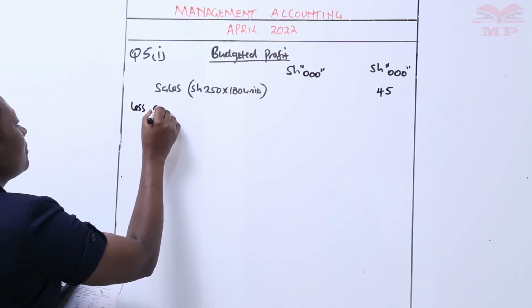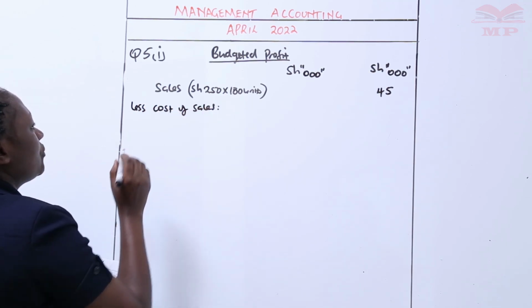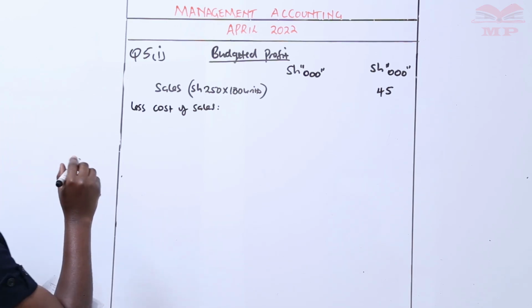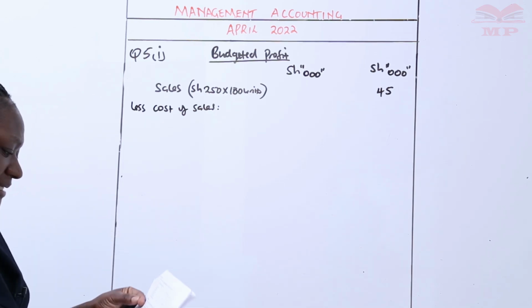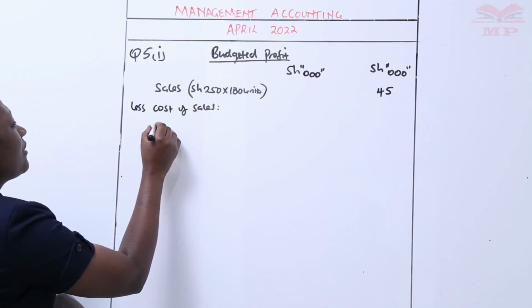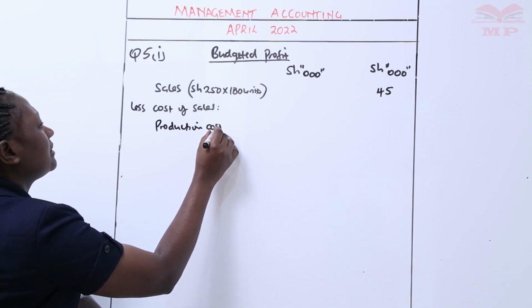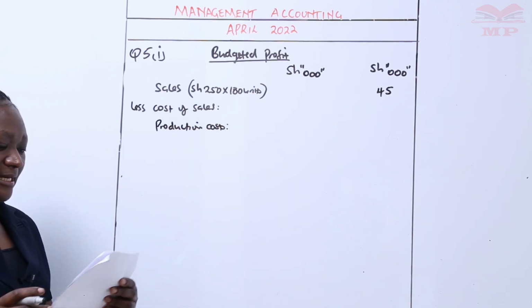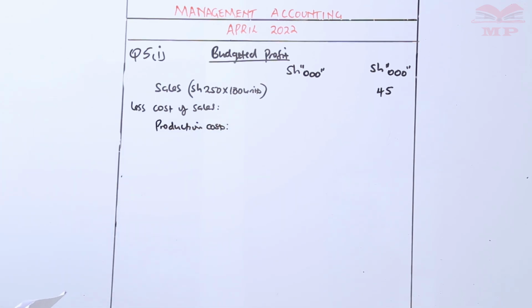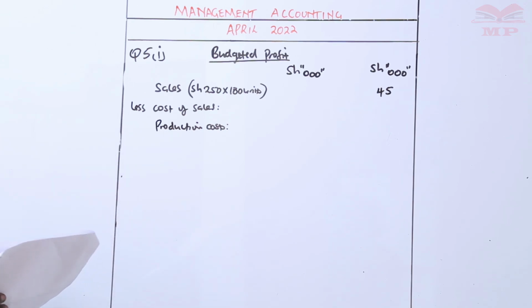Then from there we deduct the cost of sales. In this case, we do not have either opening or closing stock, so we simply have production costs. In marginal costing, only variable costs will be related to the cost of sales.